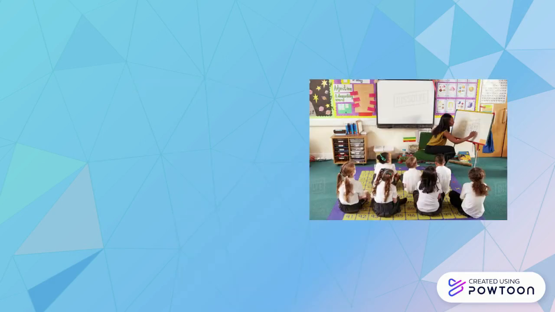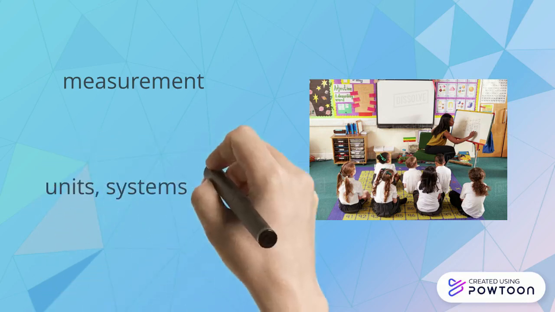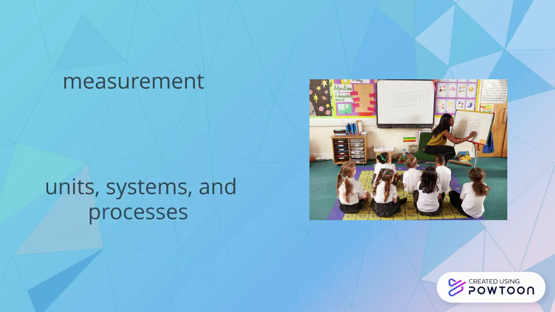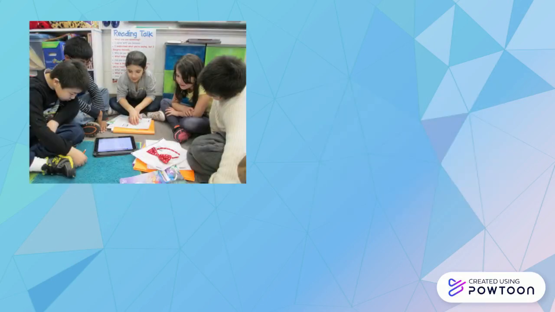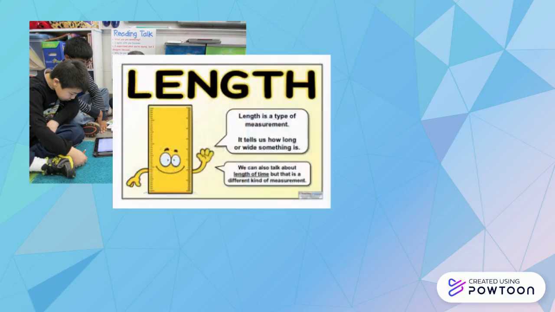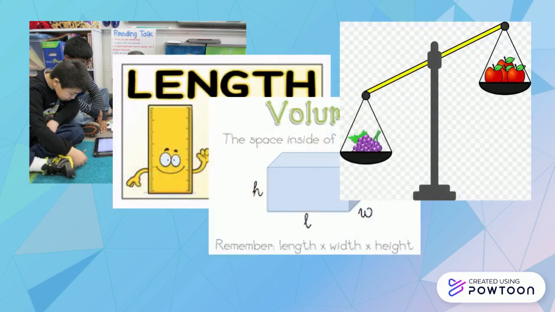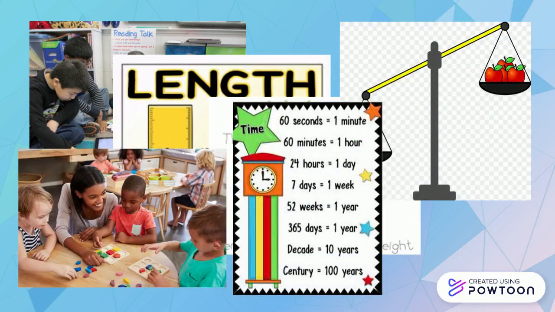Another standard is the one through which students should be able to understand measurement and be able to measure the attributes of objects and define the units, systems, and processes of measurement. In pre-kindergarten through grade 2, students should be able to recognize the attributes of length, volume, weight, area, and time.